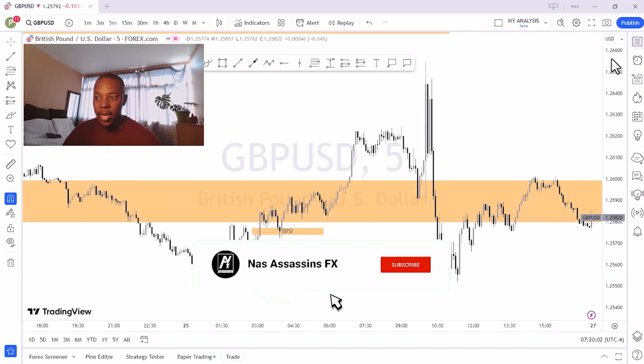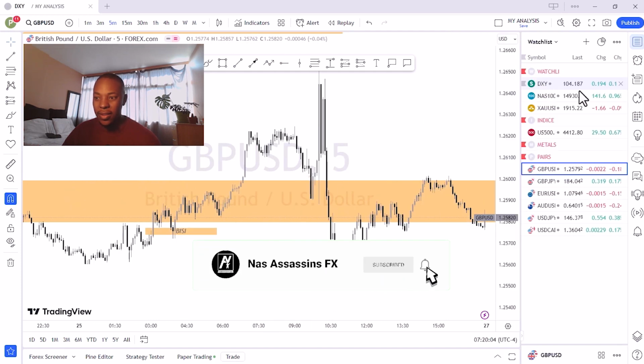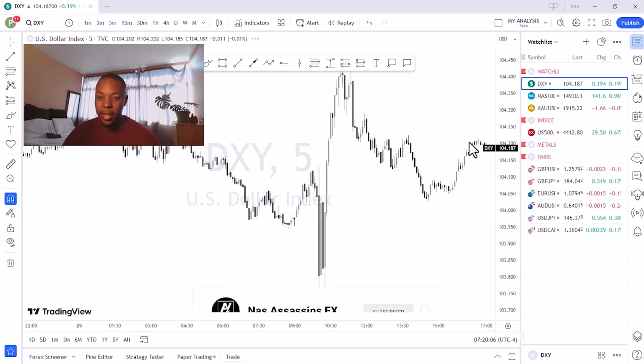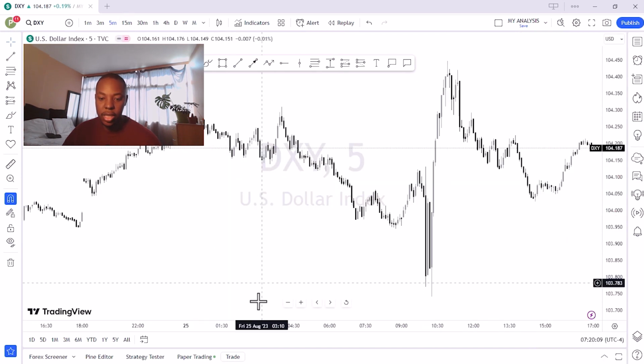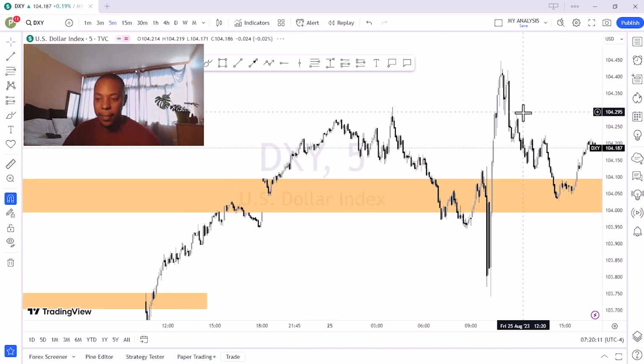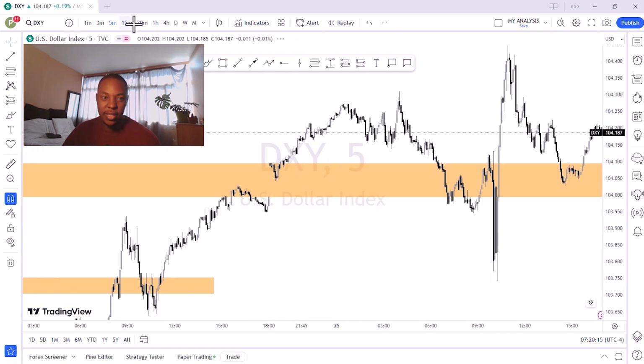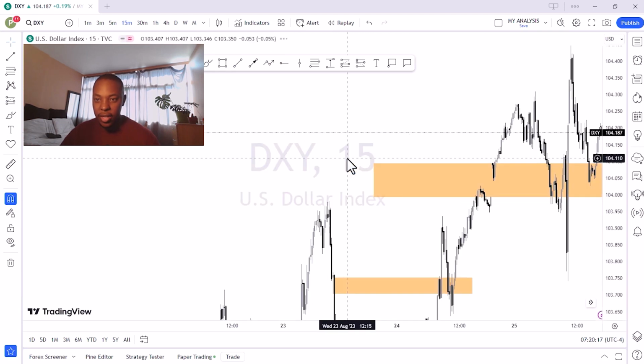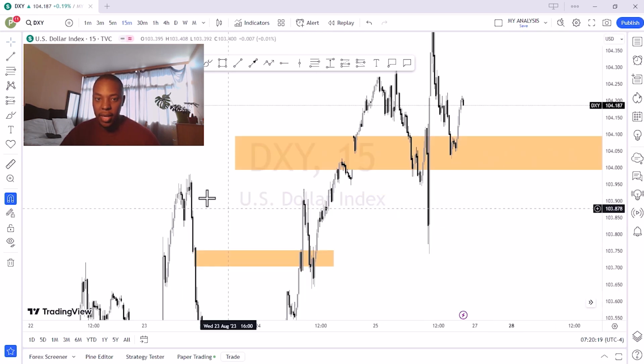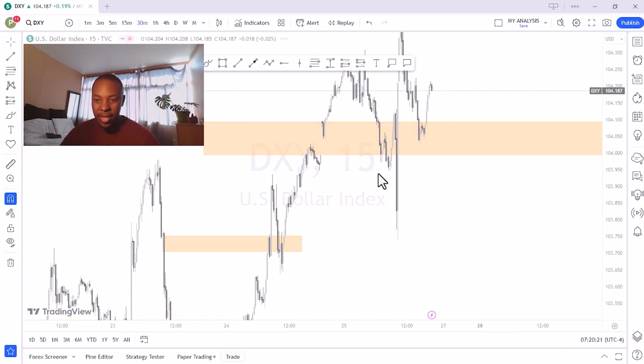As usual, obviously I go through the DXY just to see what was really happening, whether the dollar index will be bearish or bullish for the day.